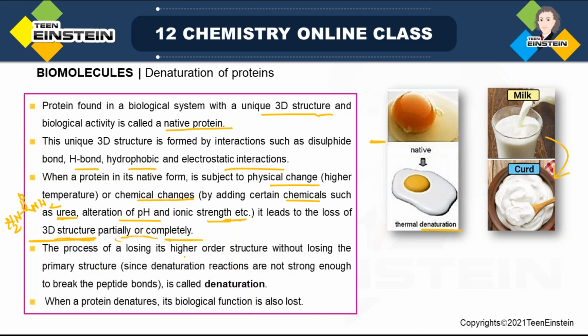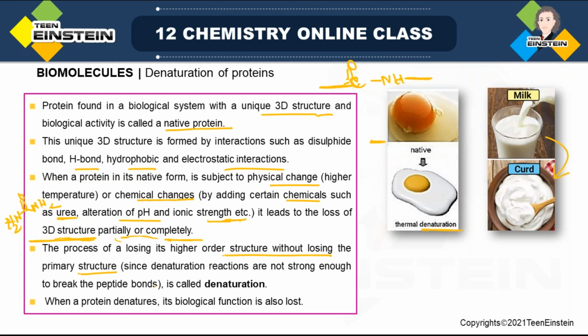The process of losing its higher order structure without losing the primary structure. Remember, here three-dimensional structure is lost, but there is no effect on the primary structure. Because if you want to destroy the primary structure, basically you have to break the peptide bond, the CONH bond, and this peptide bond is not so easy to break.